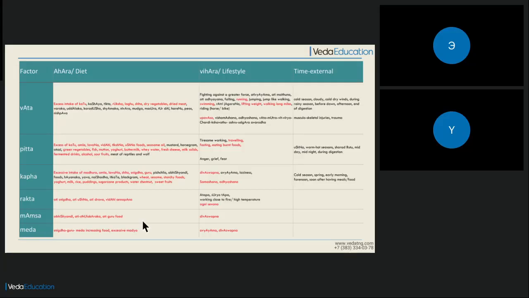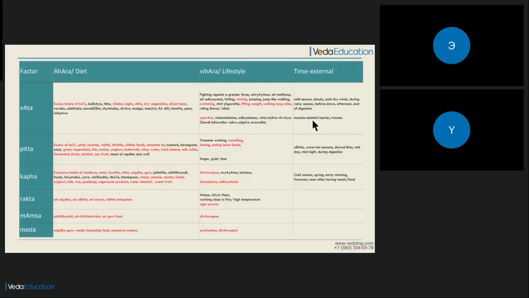And as you can see in this table on the slide, there are many factors that can cause an impairment or disturbance in these. That is for Vata, the diet or the food that can have an adverse effect on Vata, you have it here. On Pitta, the lifestyle which can have an adverse effect is also present here.